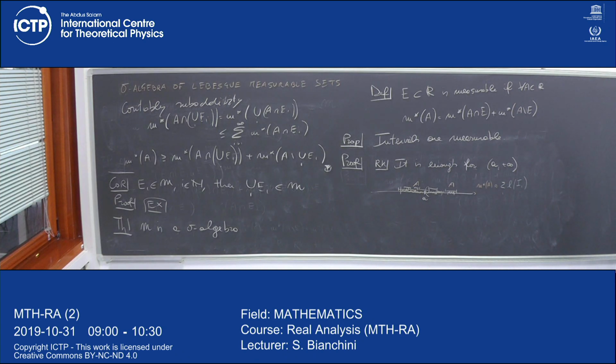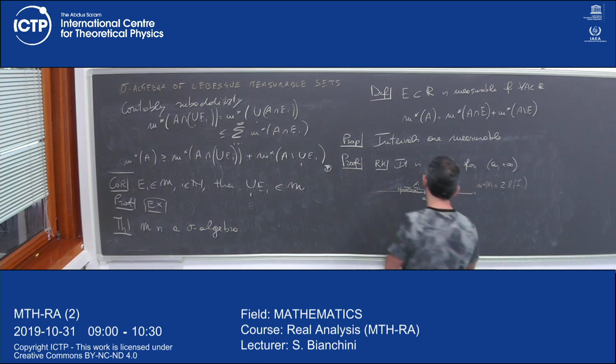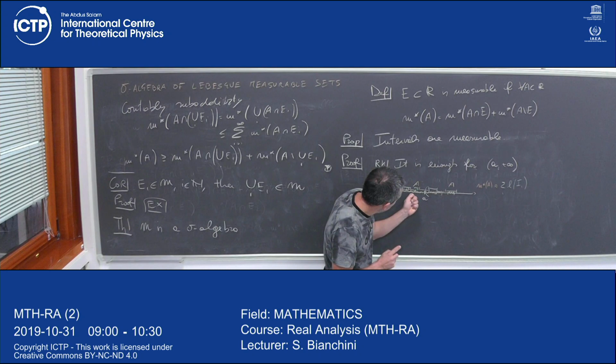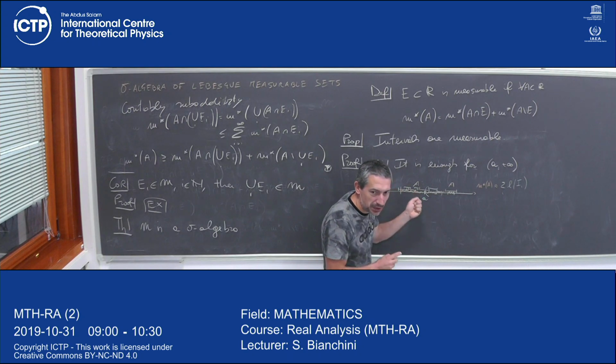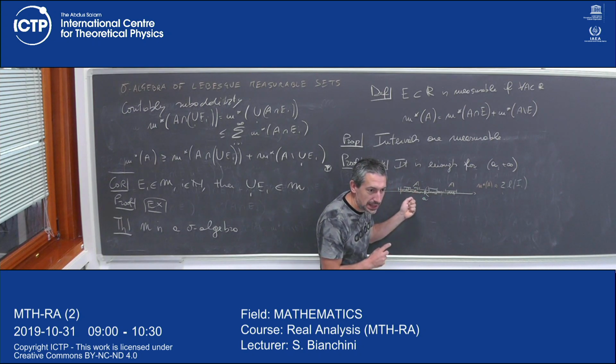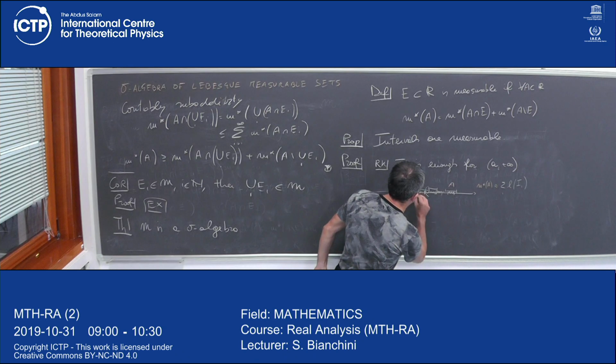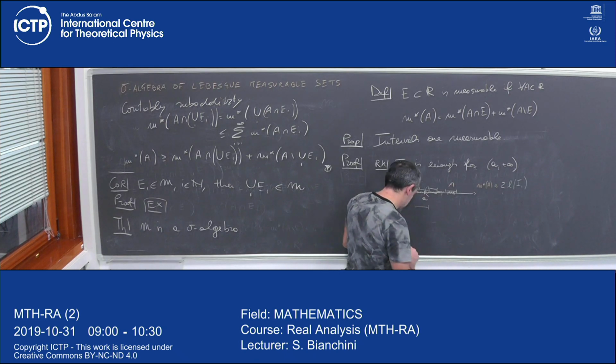So intersection E. What do I do? With a specific covering, which interval should be broken? Yeah, this one. So this interval here, how do we break it?